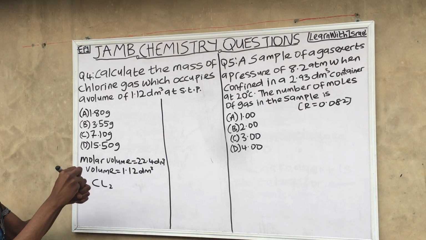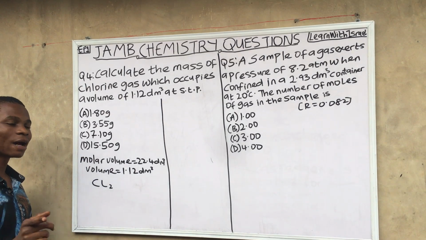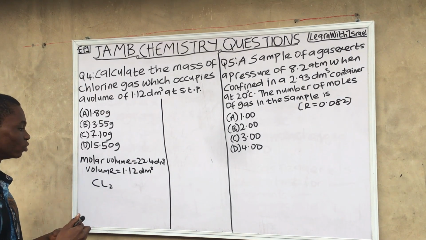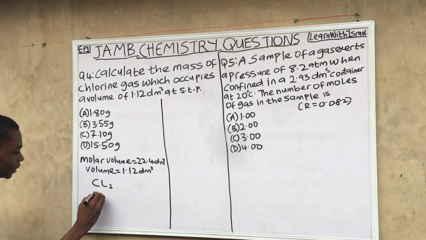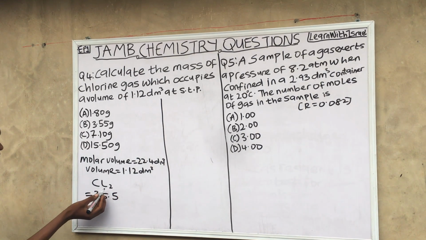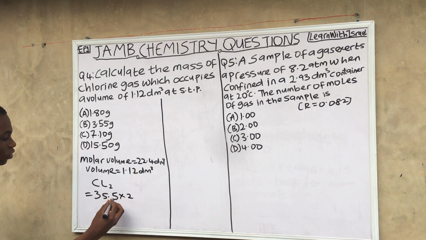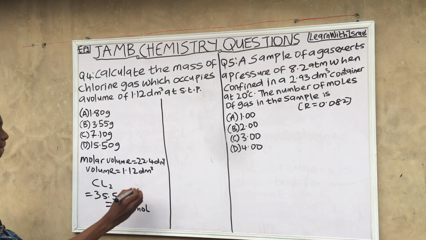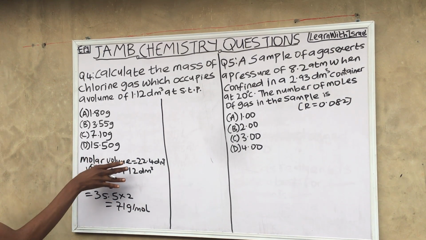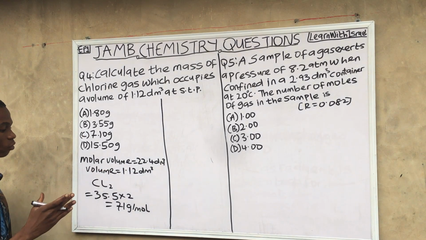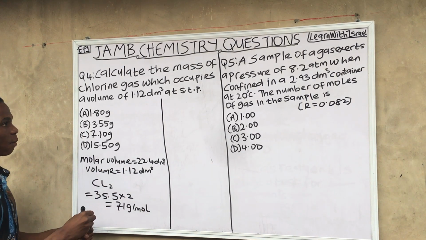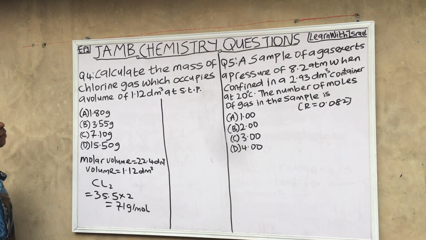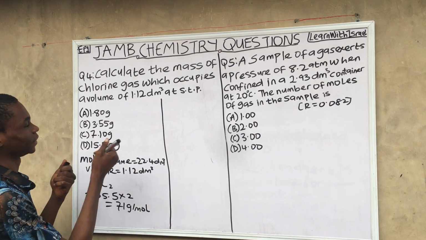So before we can calculate our mass, we need to calculate the molar mass of chlorine gas. How do we do that? Chlorine is 35.5. Multiplied by 2, it gives us 71 gram per mole. So we now know our molar volume, our volume, and our molar mass of chlorine gas. So let's now calculate for mass.